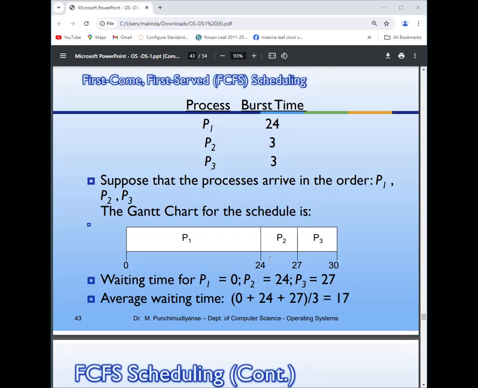So after 24, we draw P2. And P3, we have another 3 milliseconds. After 27, we allow P3 to run. So the jobs will be completed in this order, and the time in milliseconds will be shown like this, right? Is that understood? You know how to draw the Gantt chart now?